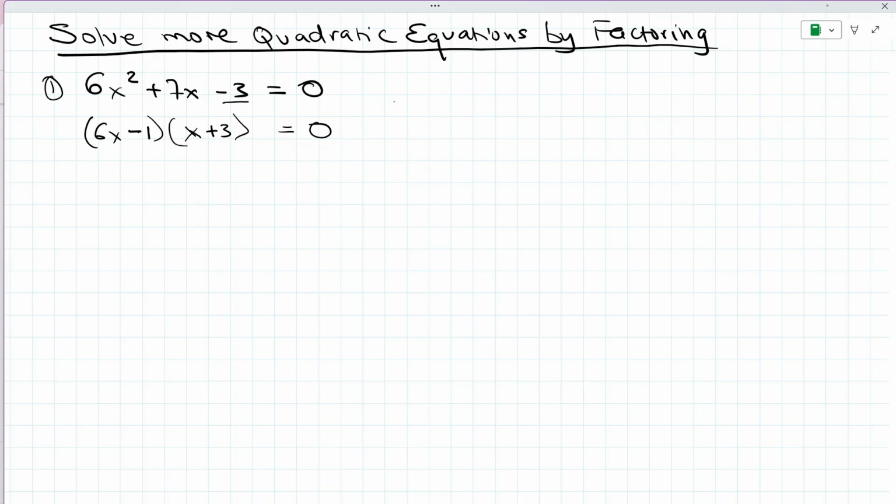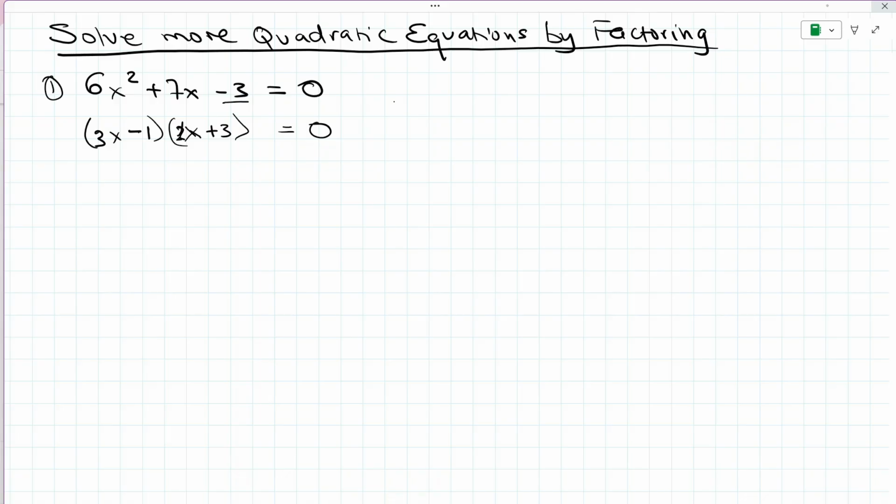So instead of a 6 here, we should have, say, a 3, and then here we should have a 2, so that we have 3x minus 1 being multiplied by 2x plus 3 to give us 0.